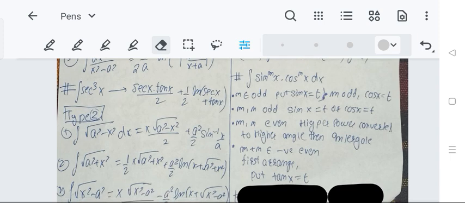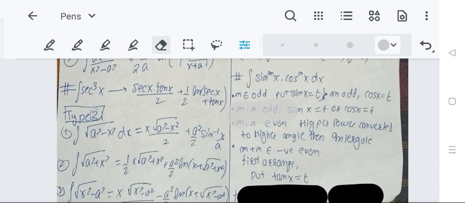Now, if both the terms, sine raised to some power and cos raised to some power, come together, the integration of sine raised to the power m times cos raised to the power n: if n is odd and m is any value, then put sin x equal to t, and if m is odd, then put cos x equal to t.